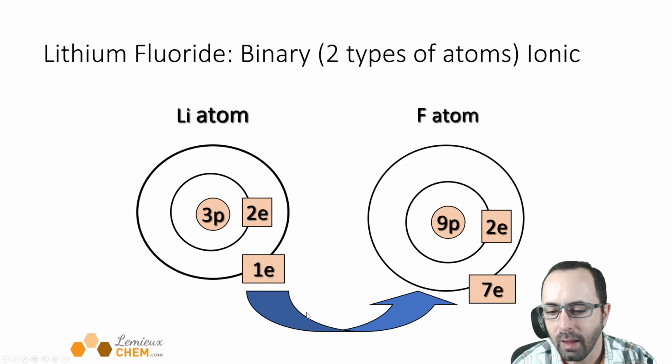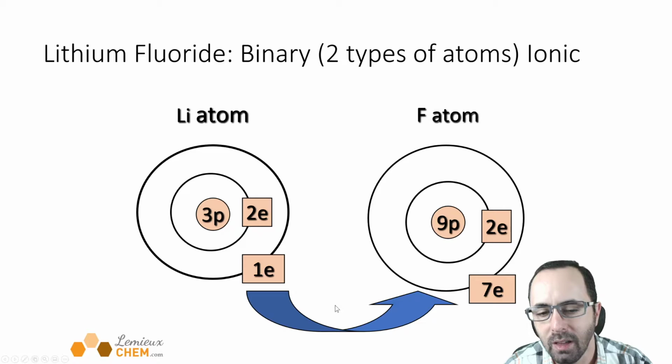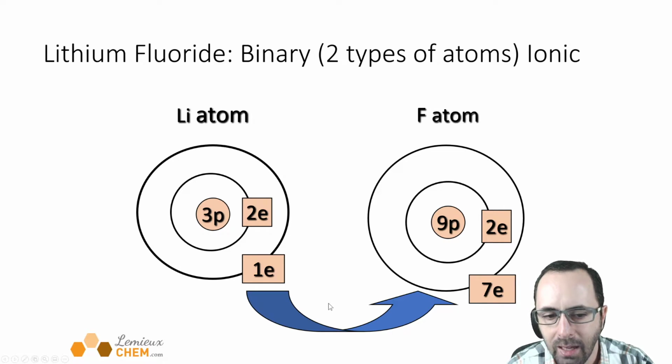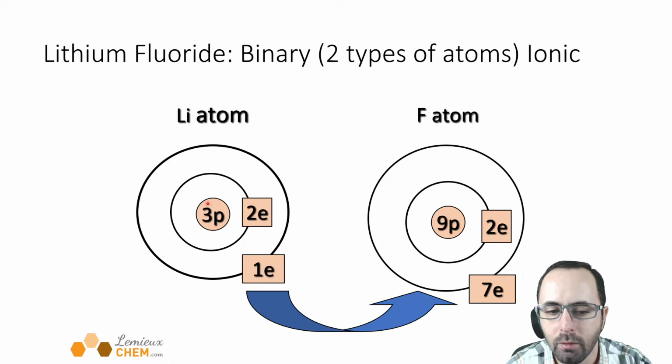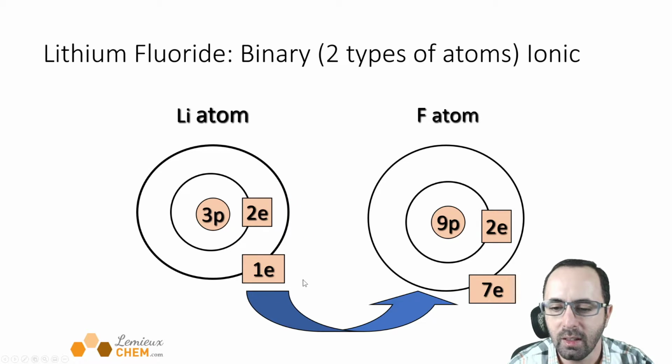So after this electron has moved, at that point we will no longer have atoms. We will have what are known as ions. In atoms, remember, the number of protons and electrons is the same, so they have no net charge. There's 3 positive charges in the 3 protons here, and 3 negative charges in the electrons.